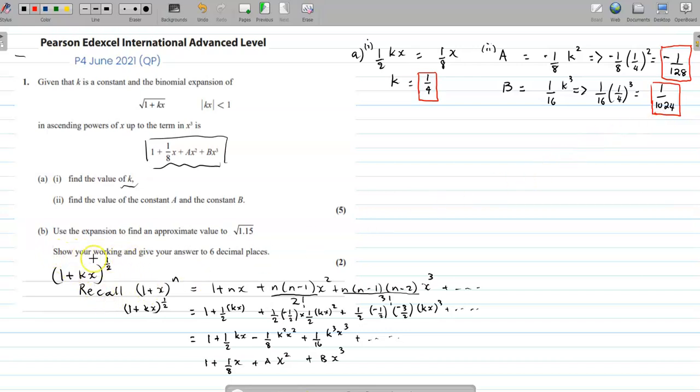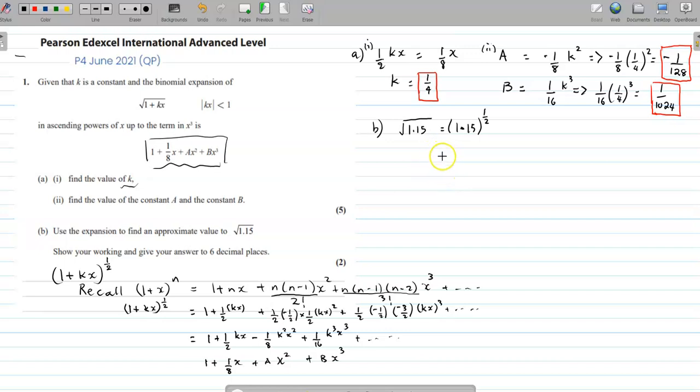And now part b. It says use the expansion to find an approximation for the root of 1.15. We want an approximation for the root of 1.15, but this can be written as 1.15 raised to the half.